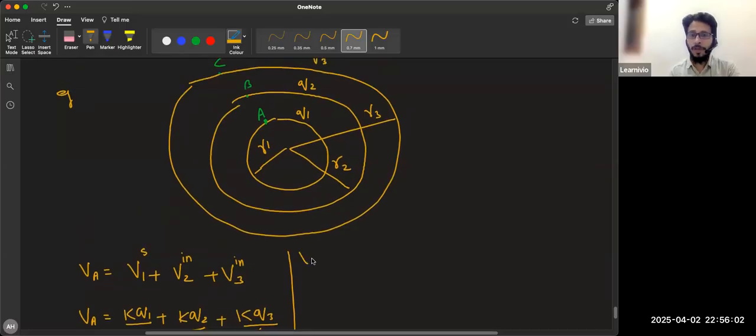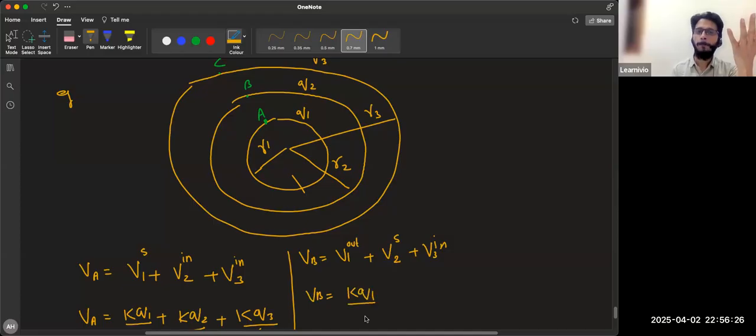Similarly, if you want to get the value of potential at point B, for the first sphere, it's outside. For the second sphere, point B is at the surface. And for the third sphere, it's inside. So V1, it's outside. For V2, it's on the surface. For V3, it's inside. So VB, outside the sphere, is kq1 by r2.